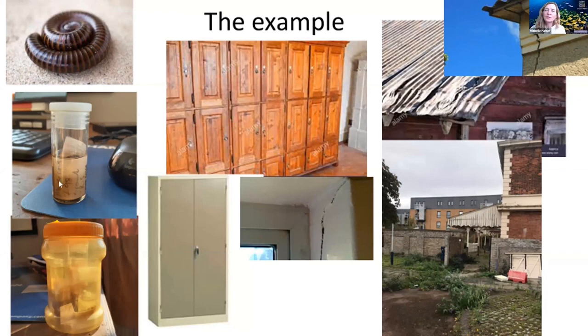For example, fading labels that are not really appropriate, plastic bottles, bad lids, the wrong kind of cabinets, cracked walls, untidy, messy spaces outside, damaged roofs.